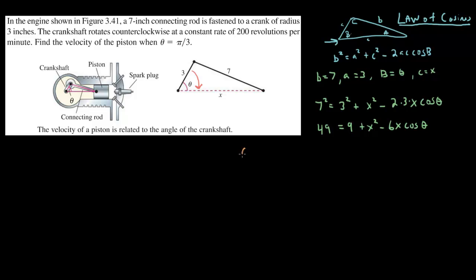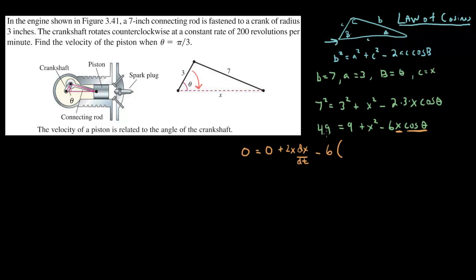All right, give myself a little more room here. So the derivative of 49 is 0. The derivative of 9 is 0. Then we said 2x dx/dt. Now let's factor out that negative 6. We have a product rule. We have x times cosine theta. So the derivative of the first function times the second function. I factor the negative 6 out.